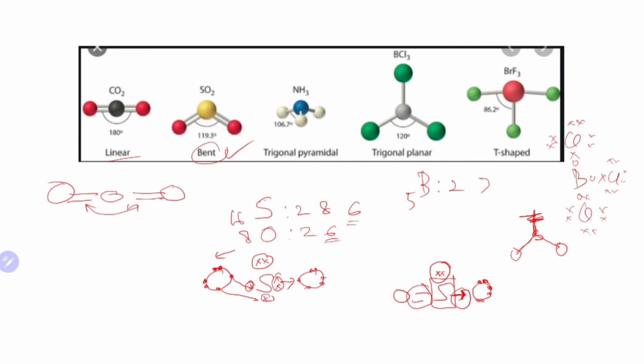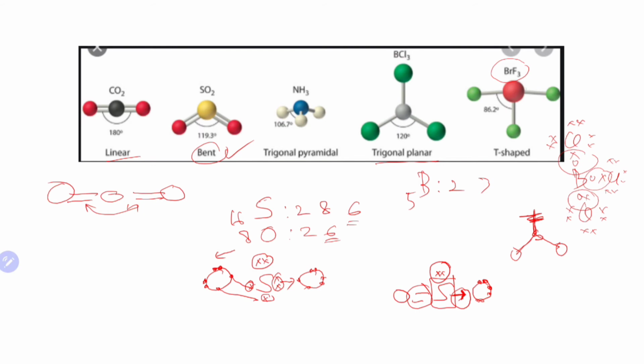So right now in the molecule there are 3 bond pairs, no lone pair. They repel each other. Then the farthest distance is like this. It's trigonal planar. You can try for BF3.